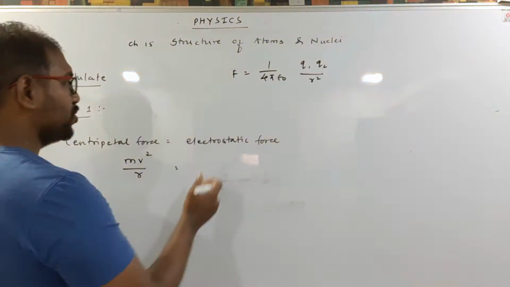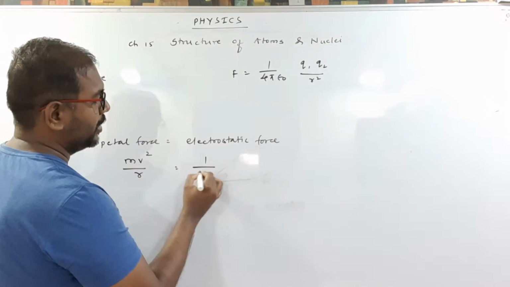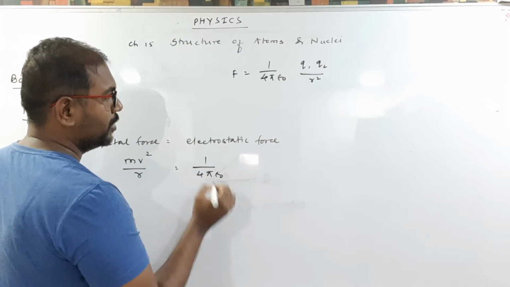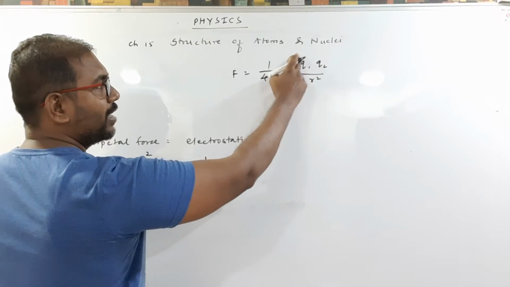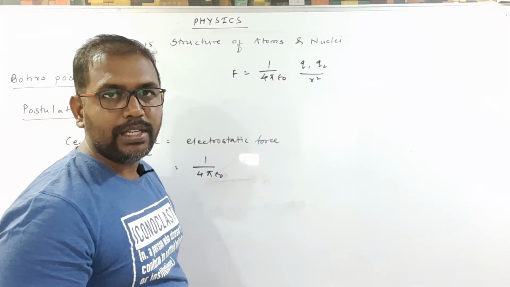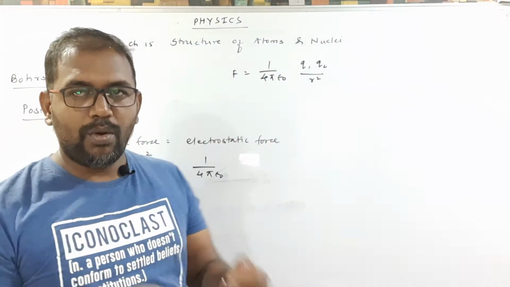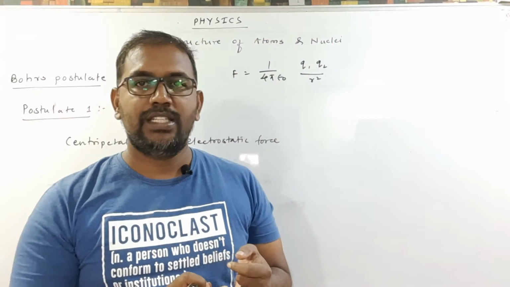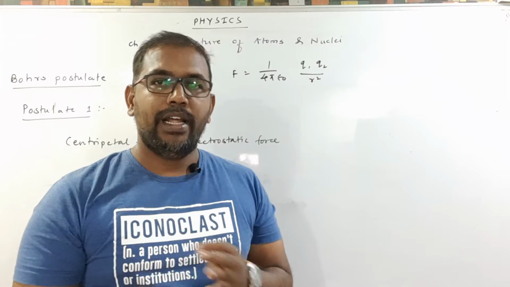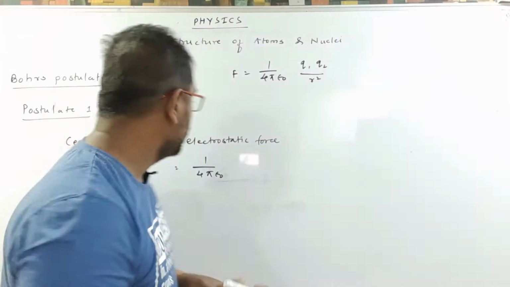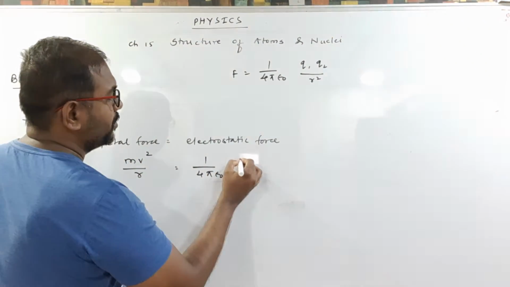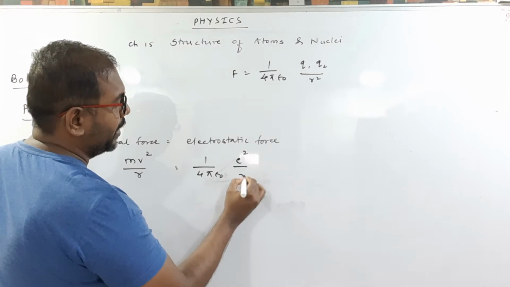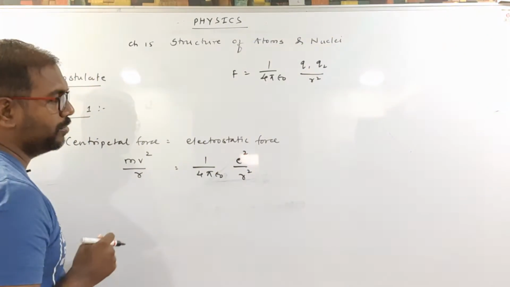Now here, for the electrostatic force on the electron, I can write this constant 1 upon 4 pi epsilon 0 as it is, charge on electron multiplied by charge on nucleus. In a hydrogen atom there is only one electron and only one proton, so the charges on proton and electron have the same magnitude. So the product of magnitudes of charge is e into e, e square, divided by r square. So we get this formula.